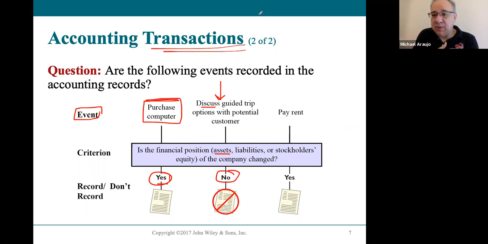Remember, that's faithful representation from the little talk we had about GAAP in chapter 2. It has to be relevant and faithful, and so it has to be free from error. So when something happens, you have to analyze it properly and mark it down, which is why we're going through this today. This analysis is really the key to understanding what's going on in accounting.